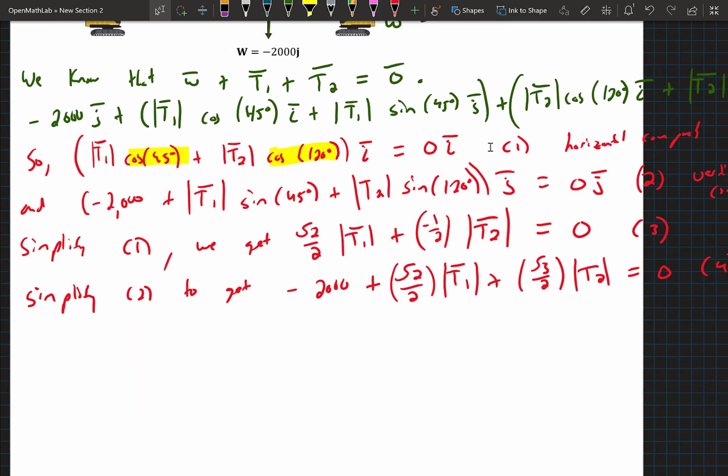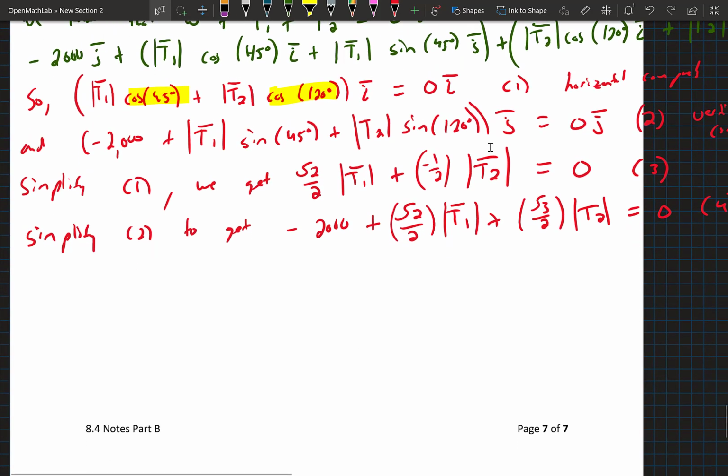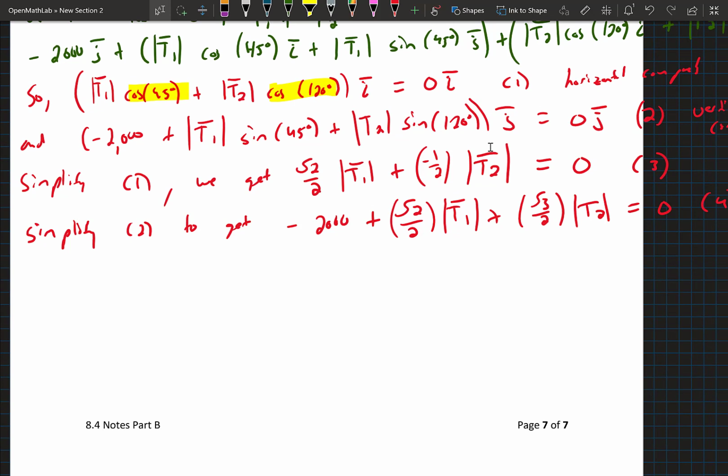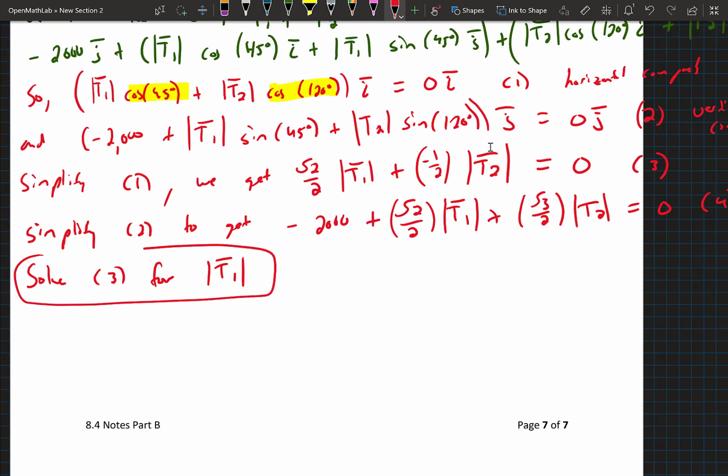All right, so now what I want to do is pick on equation 3, right? So I'm going to solve equation 3 for the magnitude of vector t1, right?